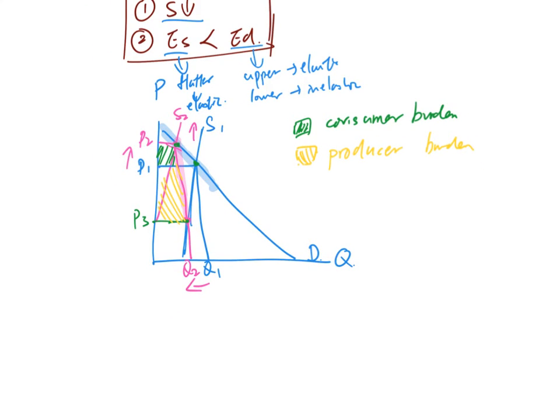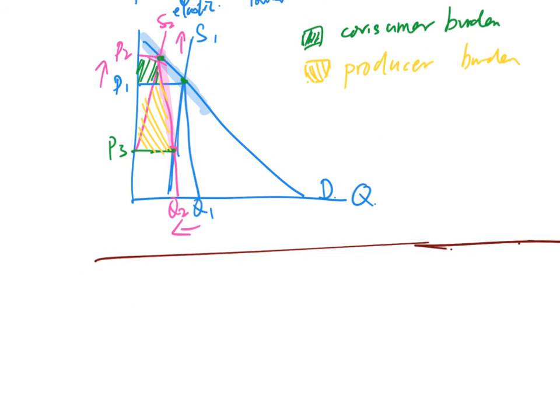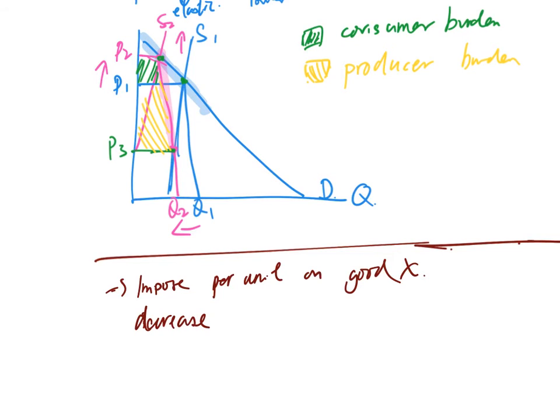Okay, for the explanation, we try to write how to get the marks. Here we set up: impose a per unit tax on good X, which will decrease supply. So supply changes.